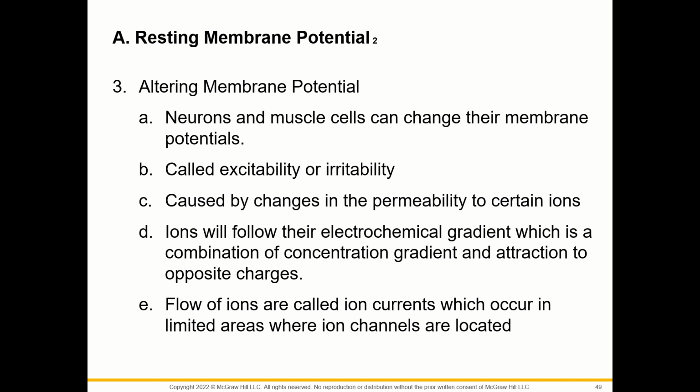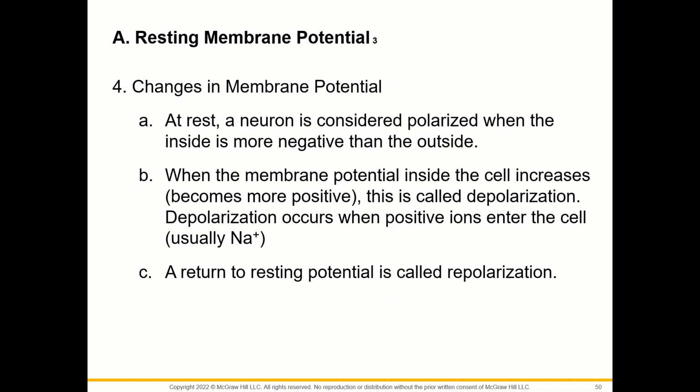And this is caused by changes in the permeability to those certain ions, particularly potassium and sodium. Ions will follow their electrochemical gradient, which is a combination of their concentration gradient and their attraction to the opposite charges. And then the flow of ions are called ion currents, which occur in limited areas where ion channels are located.